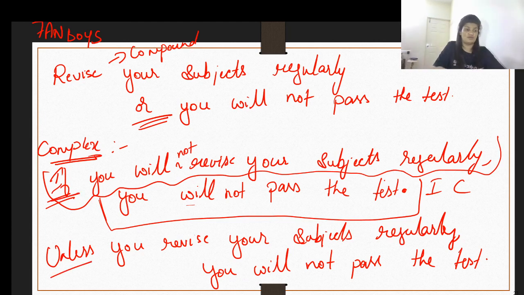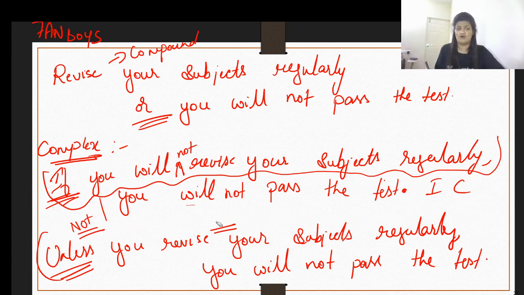Both are subordinating conjunctions, thereby making this a complex sentence. The only difference is that because we've used if, we have used the negative word, and because unless itself is a negative word, there is no necessity to use another negative word. So, unless you revise your subjects regularly, you will not pass the test.